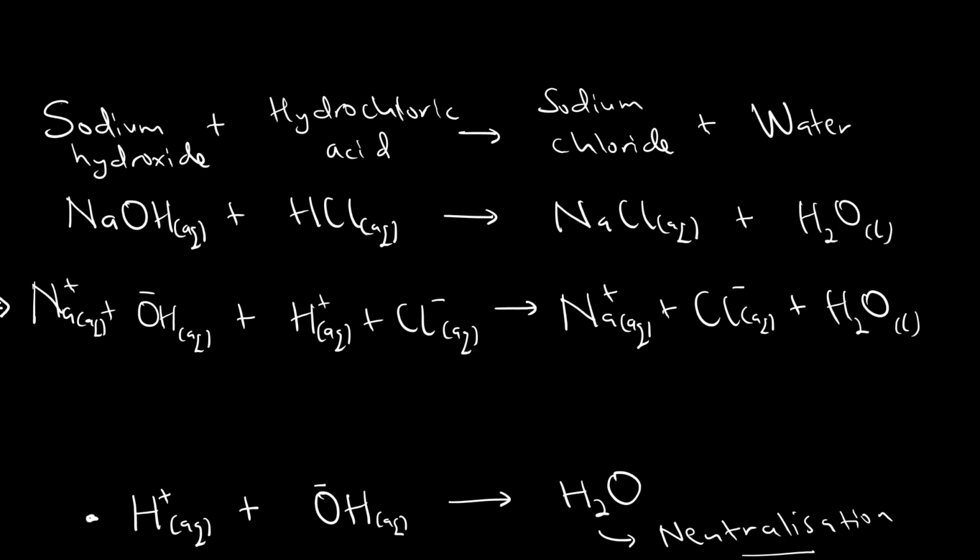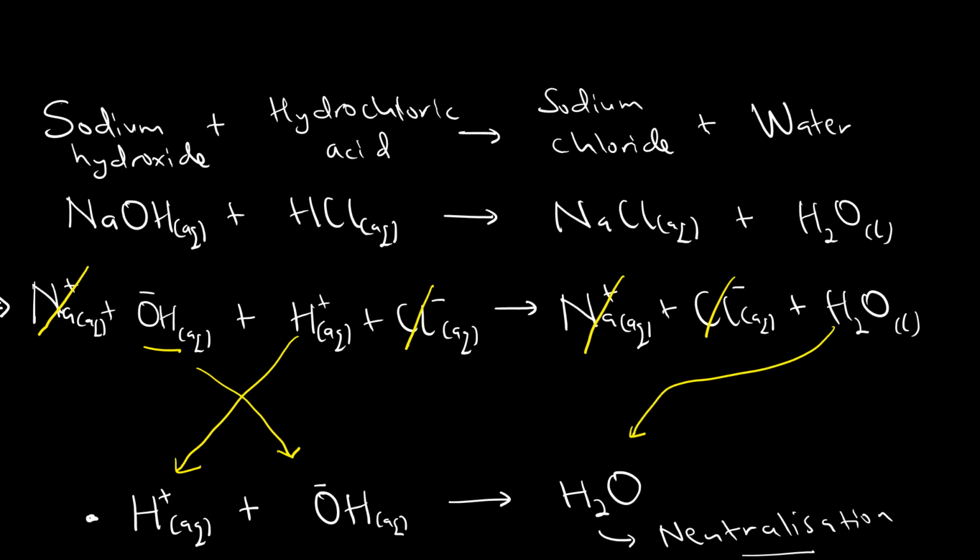So at this point we have to identify the spectator ions and remove them out. So we shall see the sodium ion on the left with the sodium ions on the right, chloride ions, chloride ions. Then we shall remain with the hydroxide ions, which are here, hydrogen ions, which are here, and then our water. So always we can write the net ionic equation or the ionic equation for that reaction as shown below.